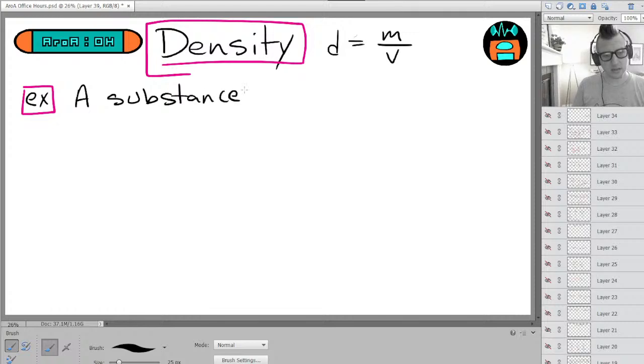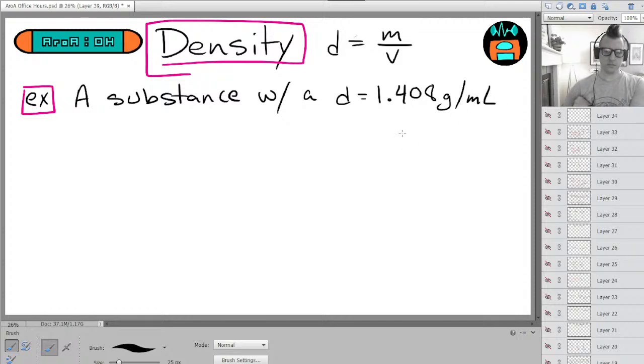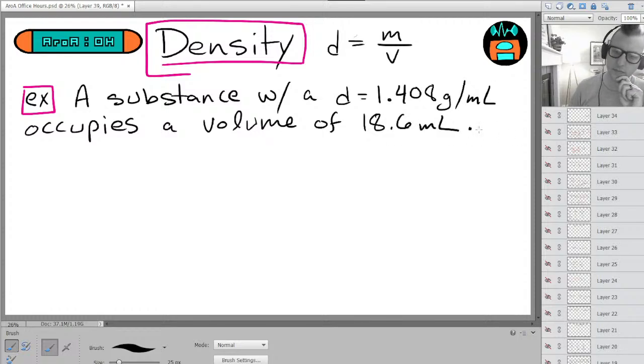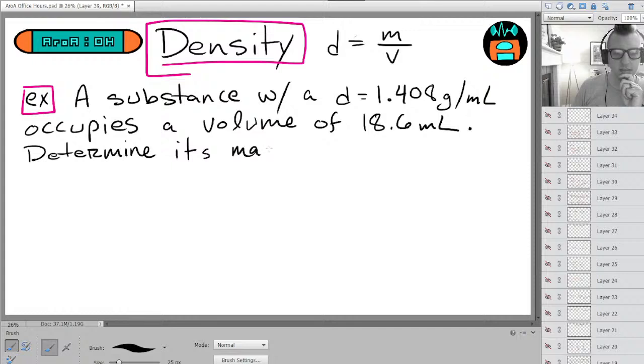A substance with a density of 1.408 grams per milliliter occupies a volume of 18.6 milliliters. Determine its mass in kilograms.